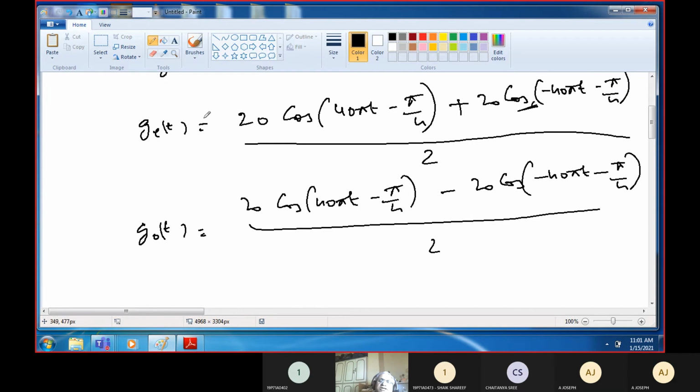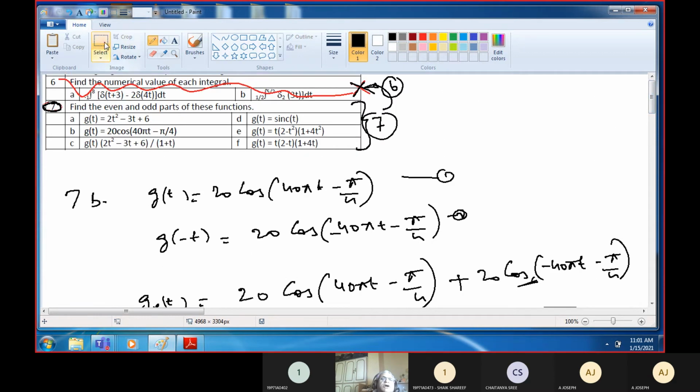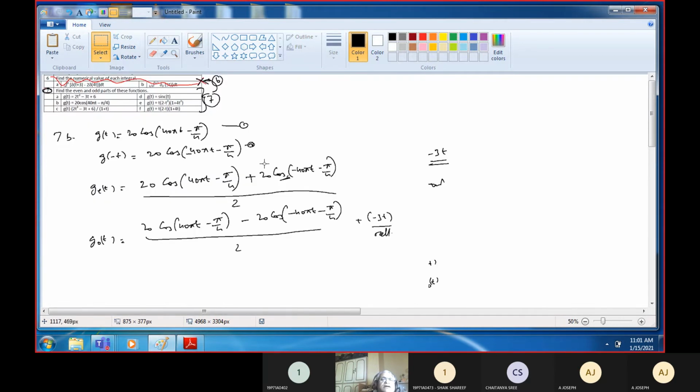You may get an even function and an odd function also. Sometimes you will get only an even function, only an odd function. So simplify these two expressions to get your even value and odd value. Okay, this is problem number B. Now coming to problem number C, I will just write it here.